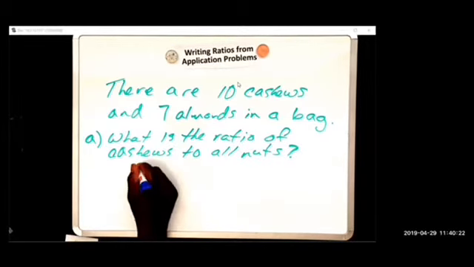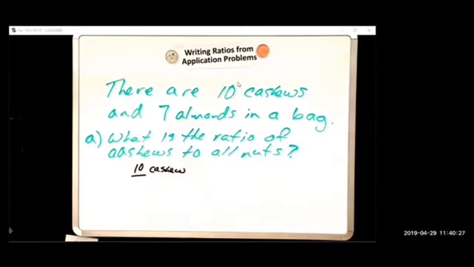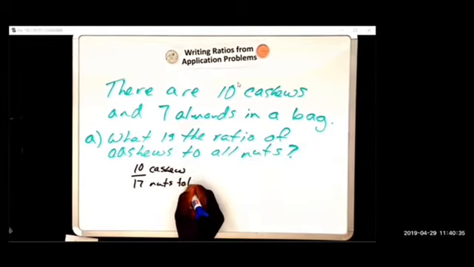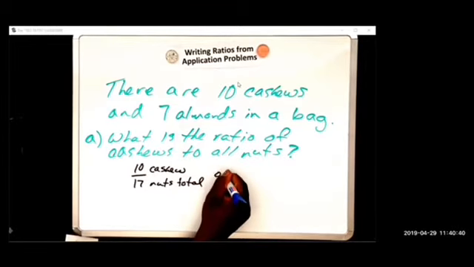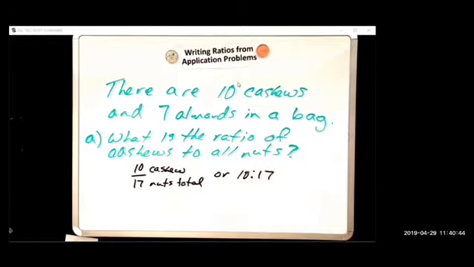We have 10 cashews, but a total, we add all the nuts, 10 plus 7, which is 17 nuts total. All right, or you can write it as 10 to 17. See why I explained the notation first? You may have a problem where they don't give you the answer as a fraction. They may give it to you with the colon.